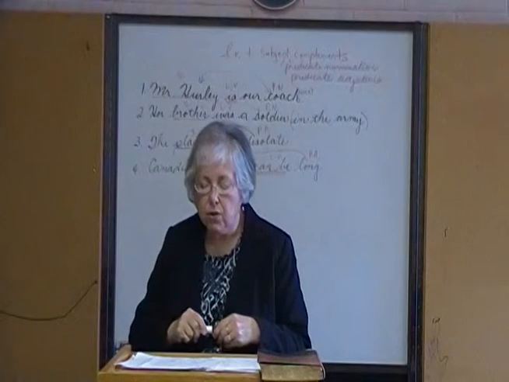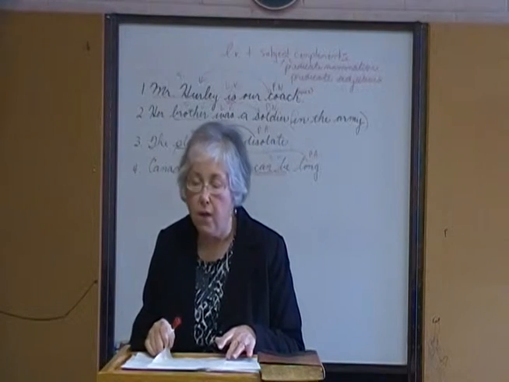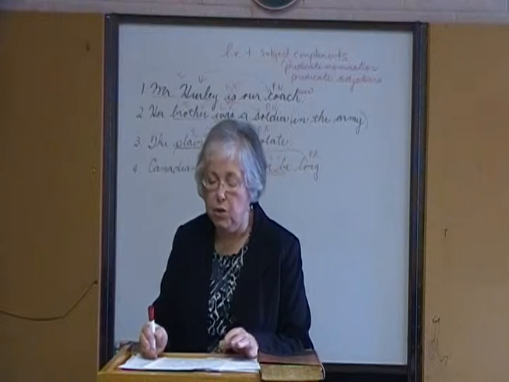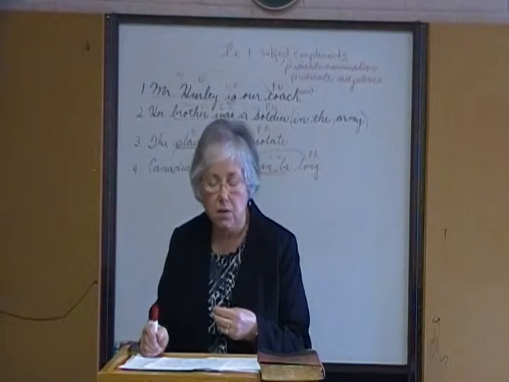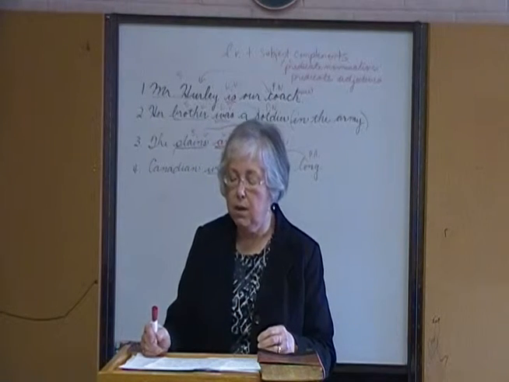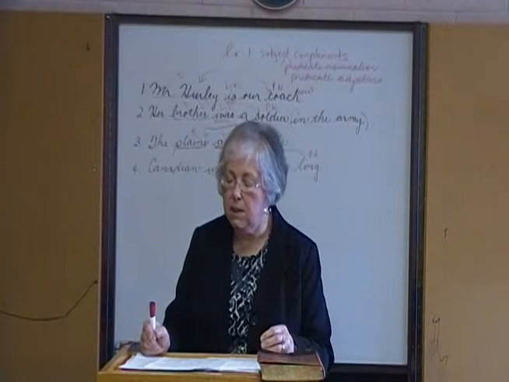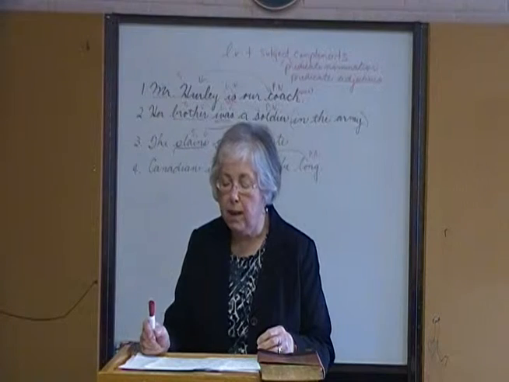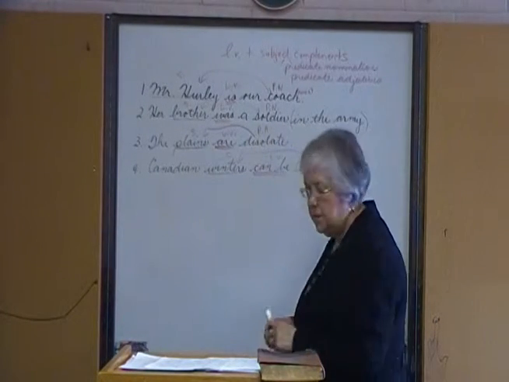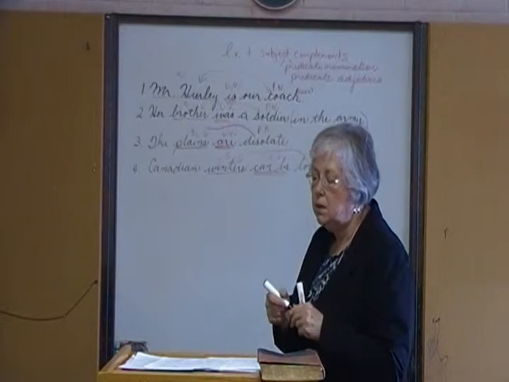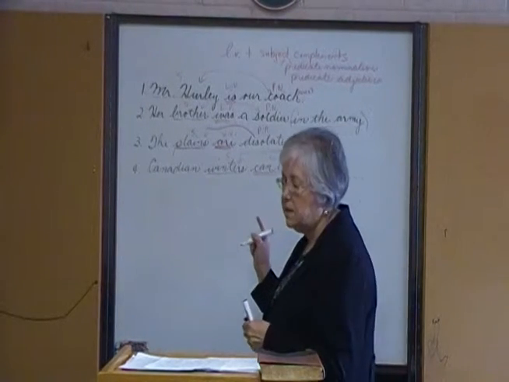And if you go back to your list of verbs, there are other verbs that can be linking verbs. Do you remember the sense verbs? Taste, feel, smell, sound, look, appear, become, seem, grow, remain, stay. Let's take a look at an example using one of the sense verbs.